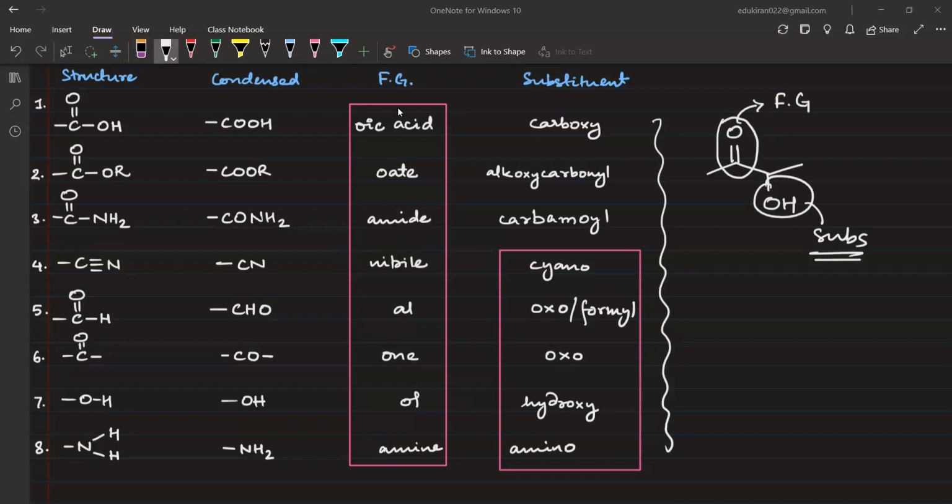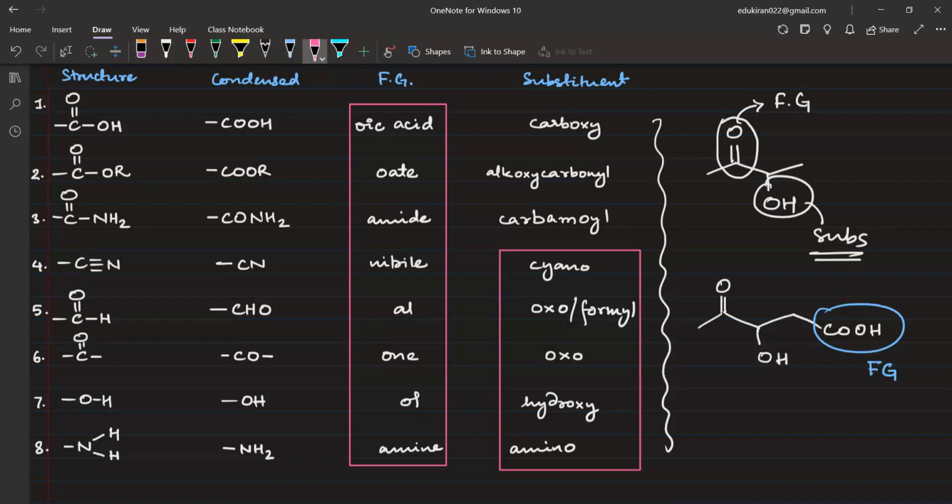Similarly, if you have something like this, COOH, and here you have, let us suppose, double bond O, here you have OH, then my carboxylic acid is going to act as the functional group.